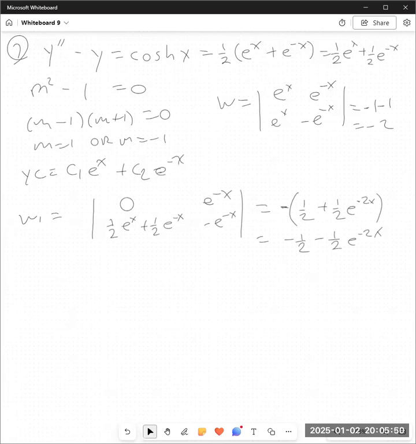Okay. And so this is going to be W1 over W is u1 prime. That's going to be a -1/2 times -1/2 minus 1/2 e to the negative 2x, which is 1/4 plus 1/4 e to the negative 2x.